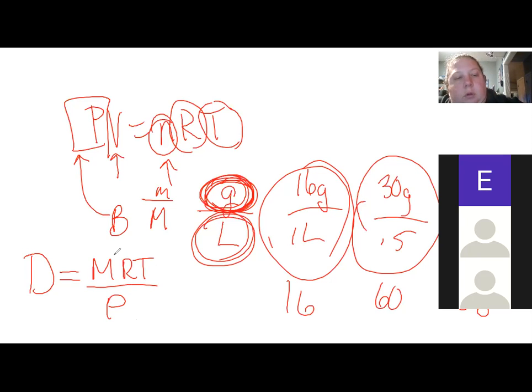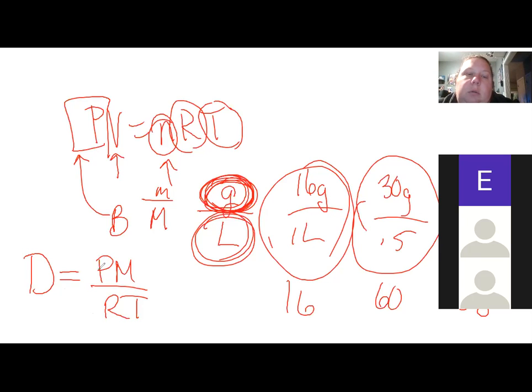I set it up in the equation as MP over RT, and that's how I solved that problem. Yeah, that's the way it should be. I was trying to solve for molar mass instead. Yeah, PM over RT. So I suppose you could make a relationship with that.